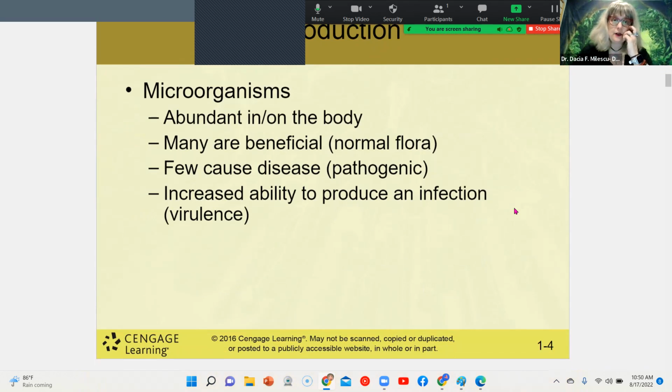Now, another detail that you might want to know is that the microorganisms, when they don't create disease and are normally found in a certain amount that is not pathogenic, okay, causing disease, that's called normal flora. So bacteria are everywhere.